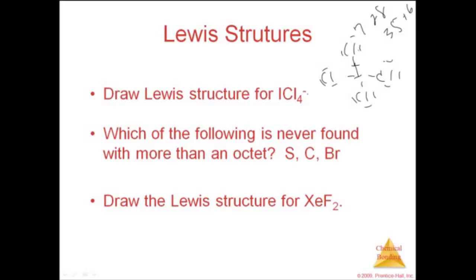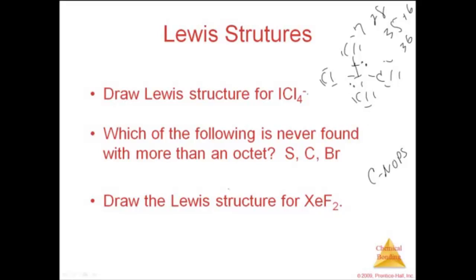That means I have 8, 16, 24, 32. I only have 32, I need 36. The only option here is, none of these are CNOPs, right? You can't have a double bond with this chlorine. So what I end up having here is an expanded octet. Put my 2 extra electron pairs here.